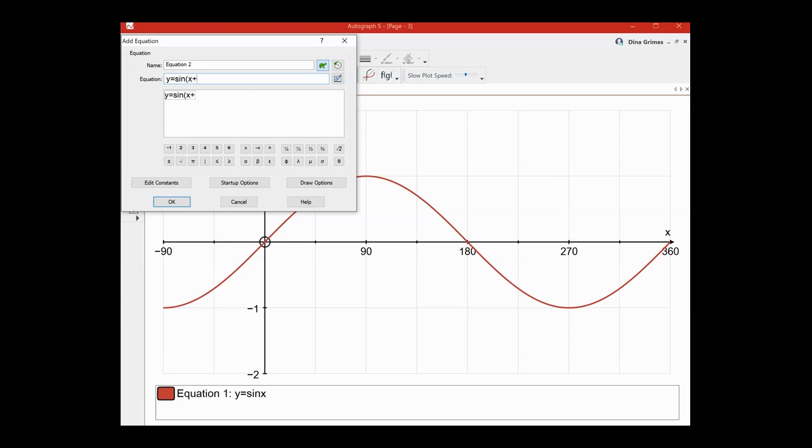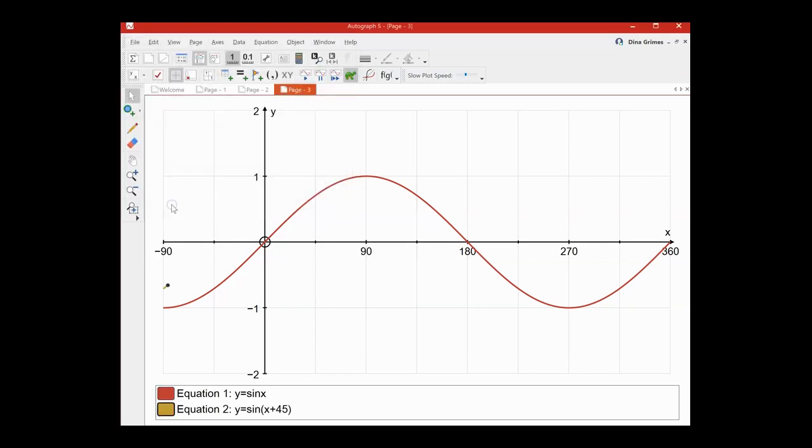So I'm going to add around 45 degrees and see what happens. Now I'm putting on slope plot so you could see the movement clearly. And if you add 45, as in the previous examples, if you add, you move the graph to the left. So from the red one here, it moved about 45 degrees to the left.